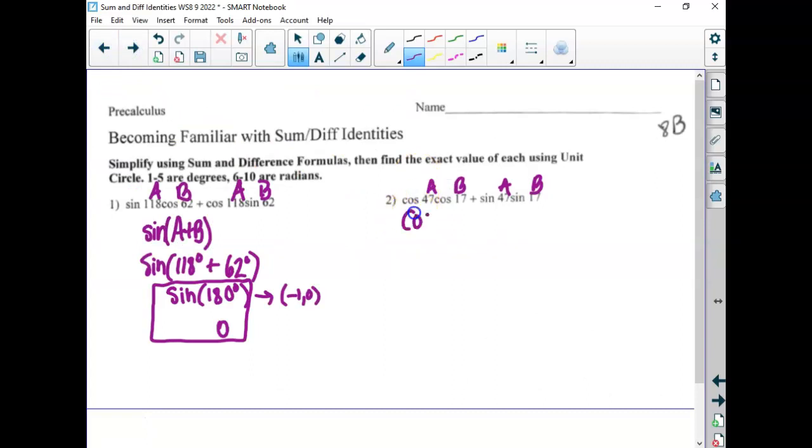So this would simplify to cosine of 47 minus 17, which would be the cosine of 30. What's the ordered pair at 30, guys? Square root of 3 over 2, 1/2. So which of those is the cosine? Square root of 3 over 2. Does this seem okay so far? Pretty easy?